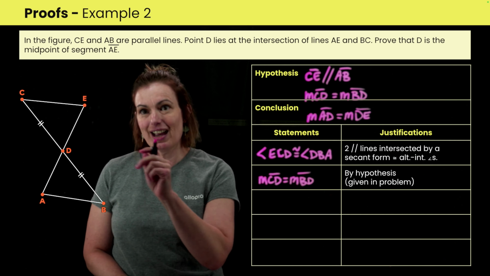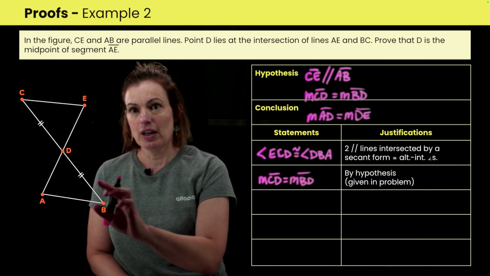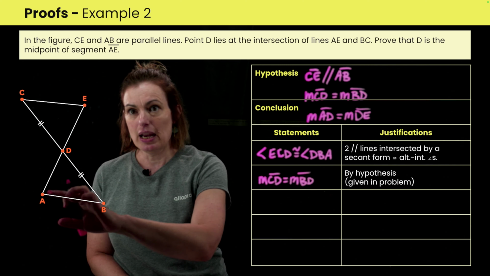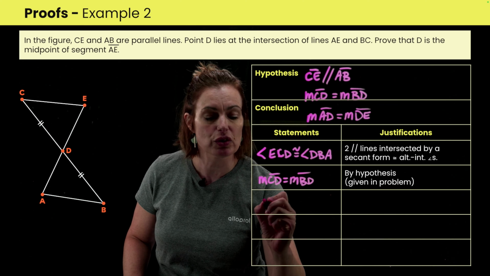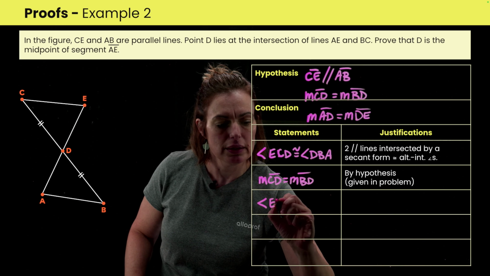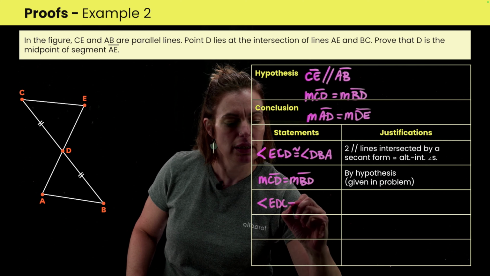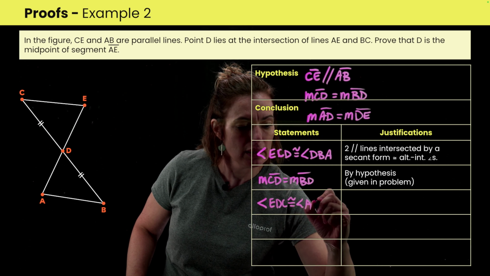And I notice that I have this angle EDC, and I also have a congruent angle here, ADB. So I'm going to write that those two angles are congruent to each other. EDC is congruent to angle ADB.